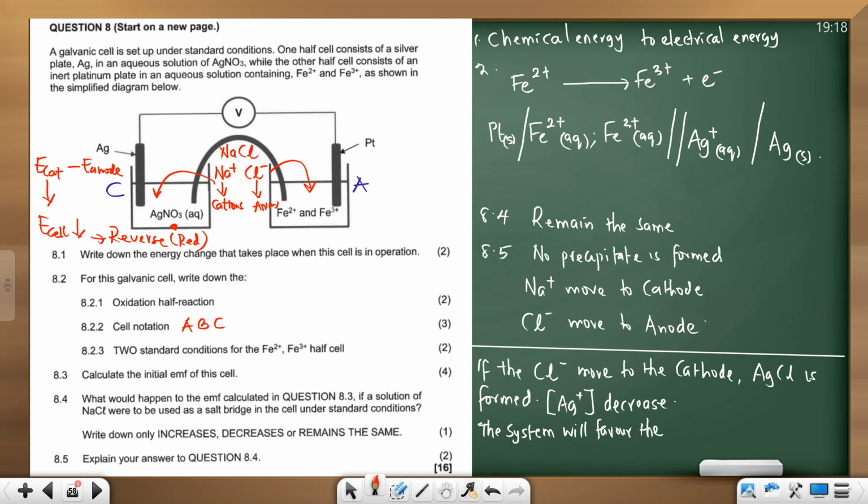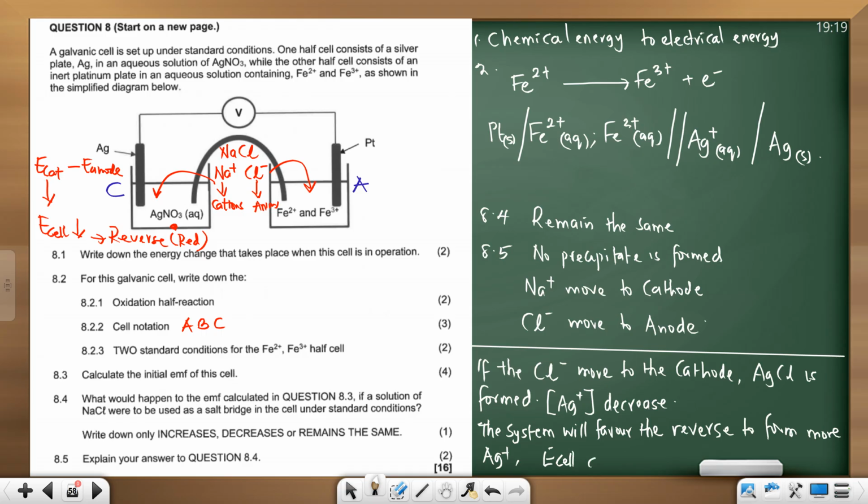I'm going to put all of that there now. So, if the Cl ions move to the cathode, AgCl is formed. Silver ion concentration decreases. The system will favor the reverse to form more Ag ions.